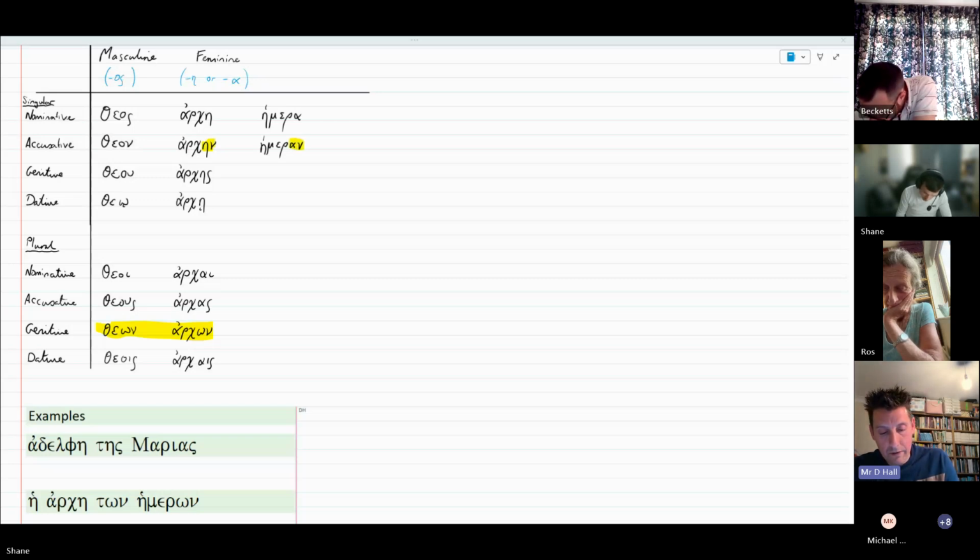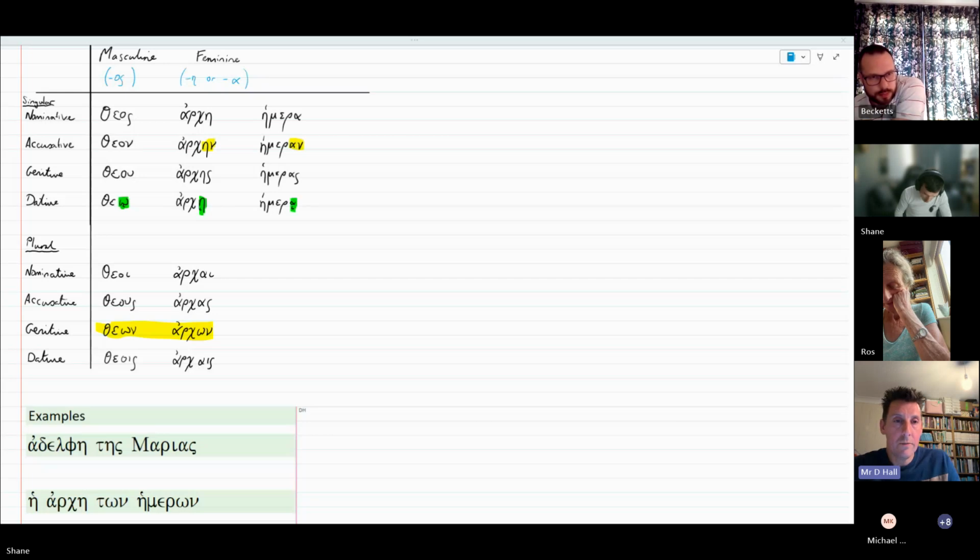And we'll have a similar thing for hemiras. And then hemira. Right, notice the iota subscript, which is quite useful to pick up on because this tends to give you a clue that you're dealing with dative words.